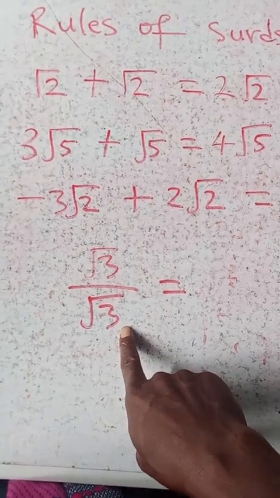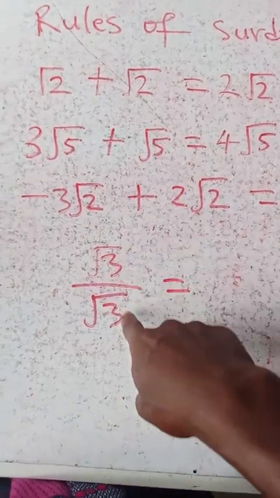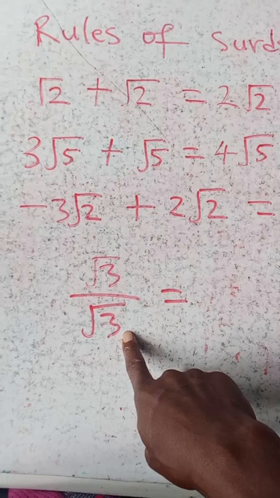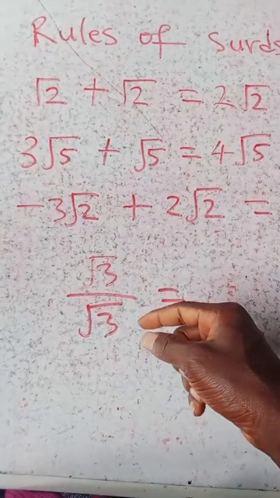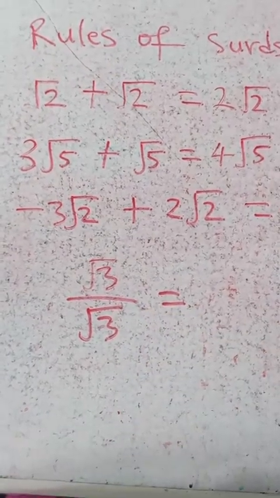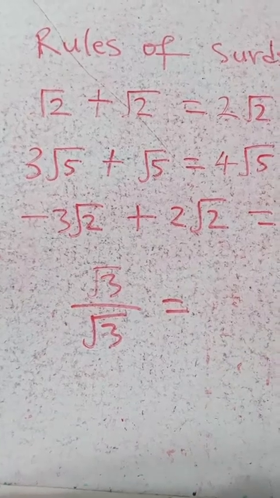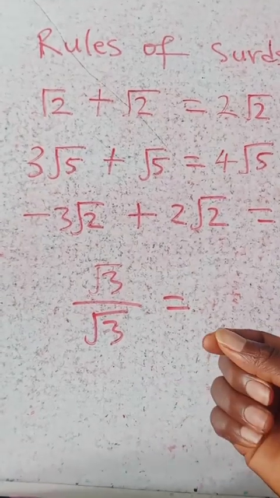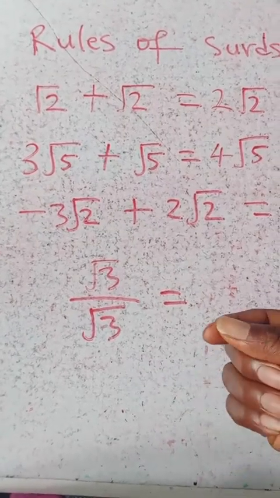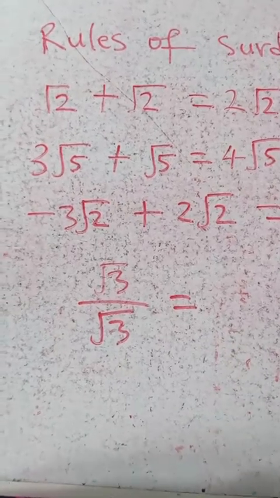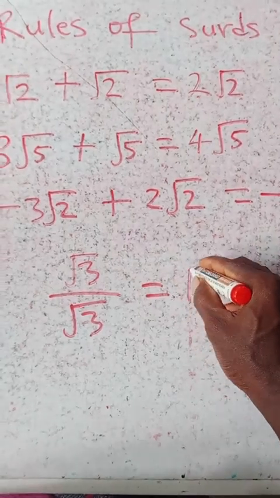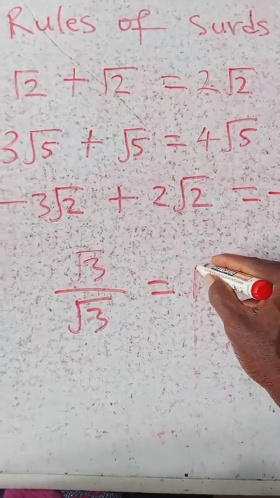So this root 3 will take one of the root 3. Are you getting the explanation? Just like I am one person, and you are giving me one human being. That means I will have one human being. So root 3 divided by root 3 is what? 1. Are you getting it? It's 1.